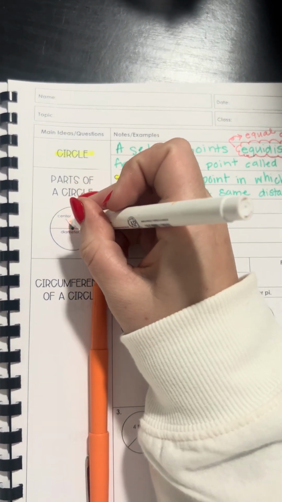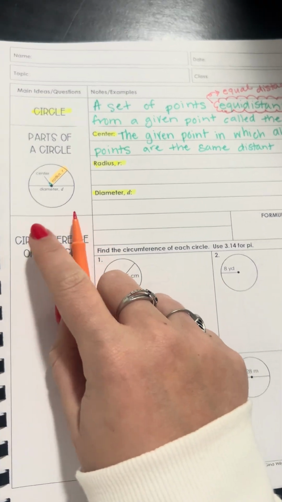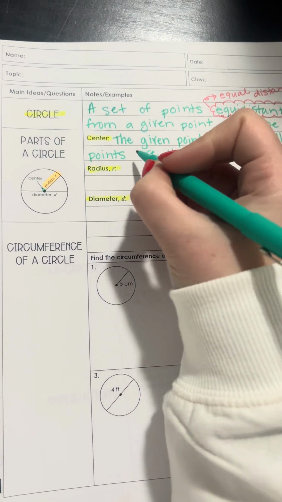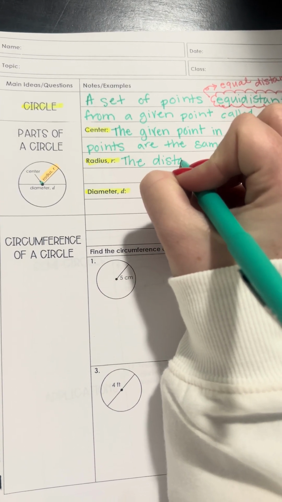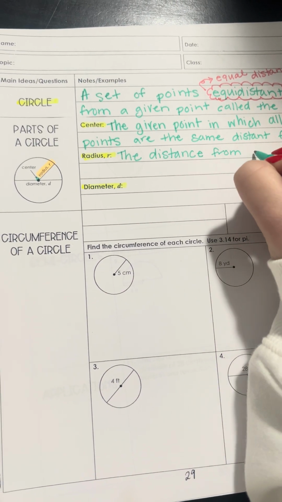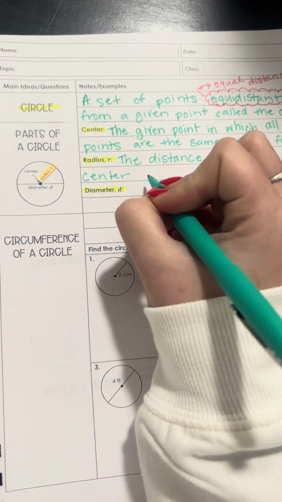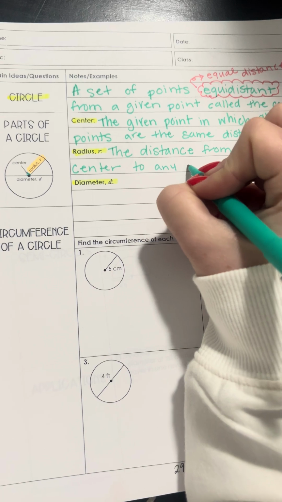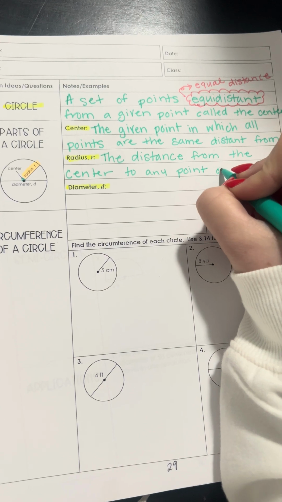Next is the radius. We kind of already talked about this in class. Okay, the radius, or known as R. Radius is the distance from the center to any point on the circle itself.